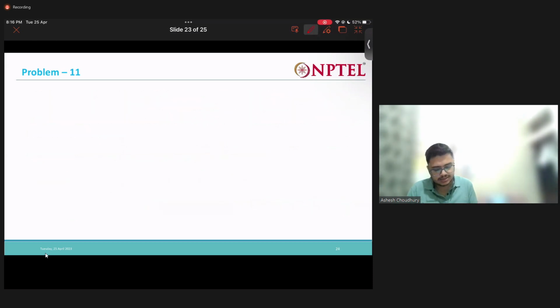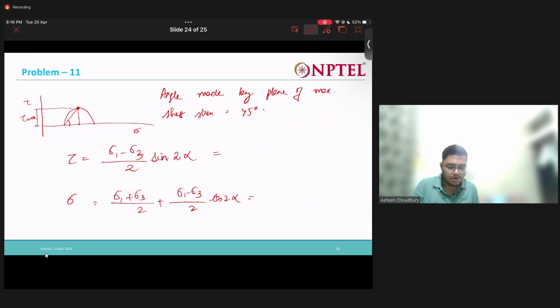So please calculate this tau and this sigma value.